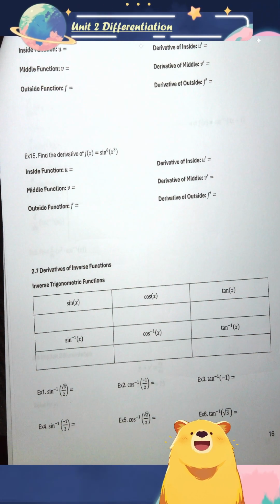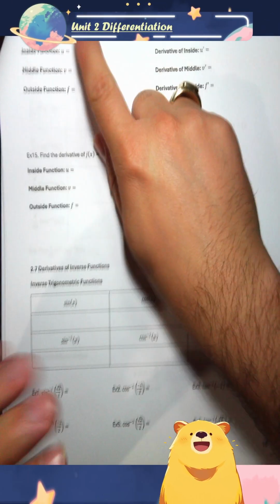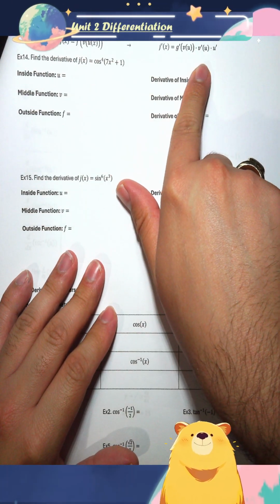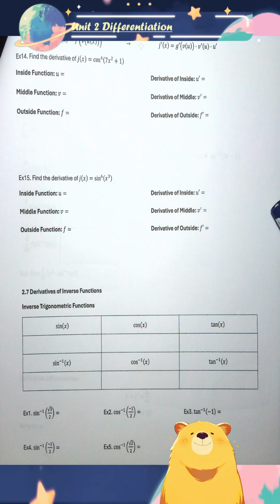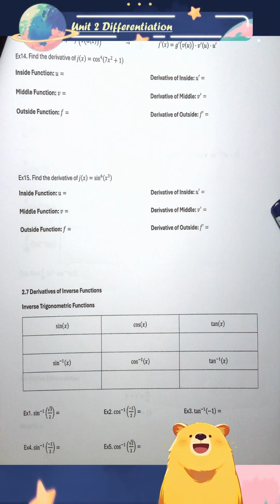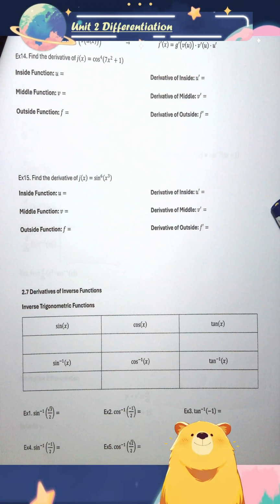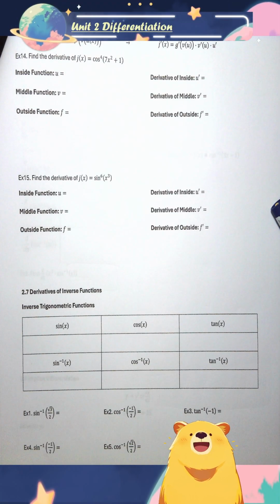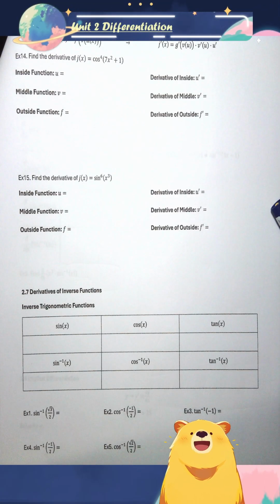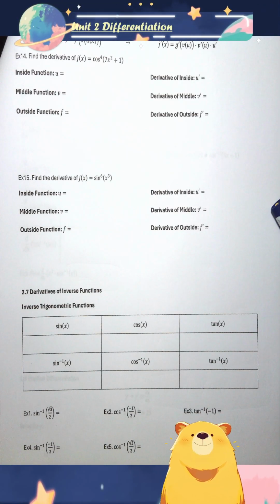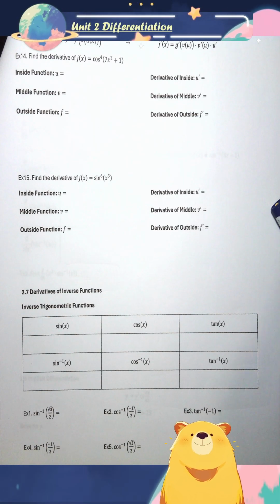So the derivative of the composite of 3 functions is defined like so. Example 14. Find the derivative of cosine to the power of 4 of 7x squared plus 1.